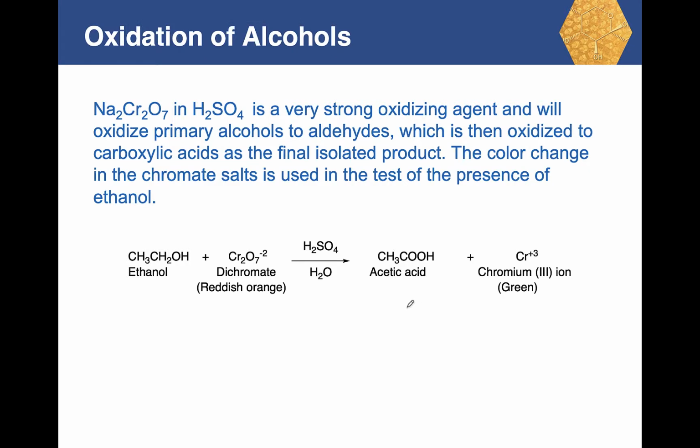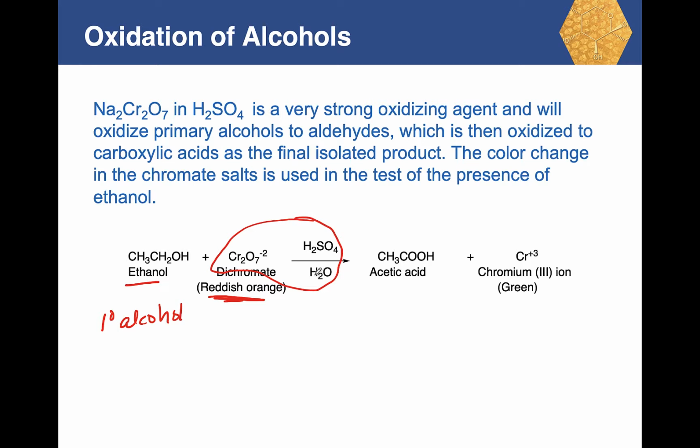Here's a practical example of the use of oxidation reactions. Ethanol, it's a primary alcohol. In the presence of sodium dichromate or potassium dichromate, which has a reddish orange color. Of course, we have sulfuric acid and water, a strong oxidizing agent right here.